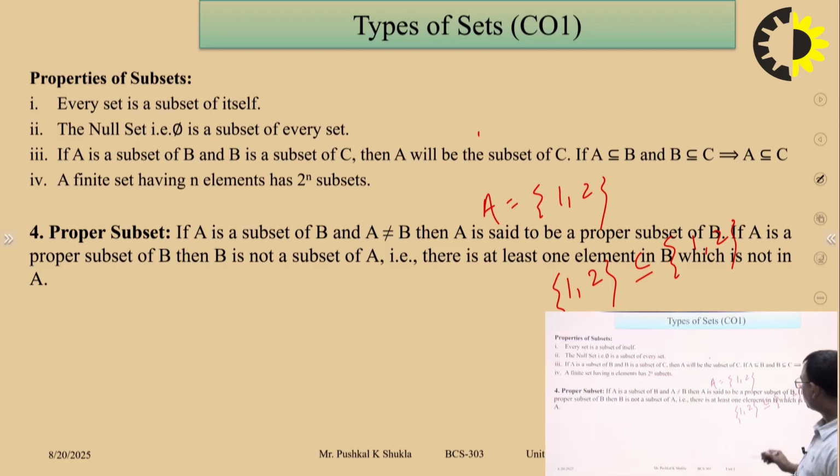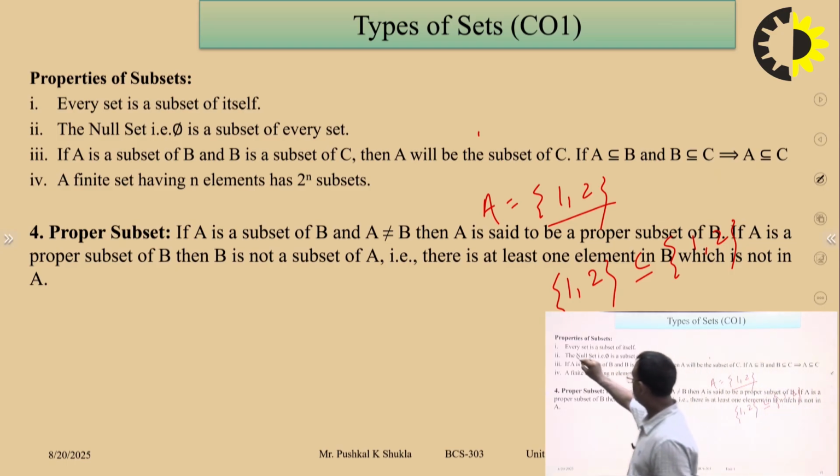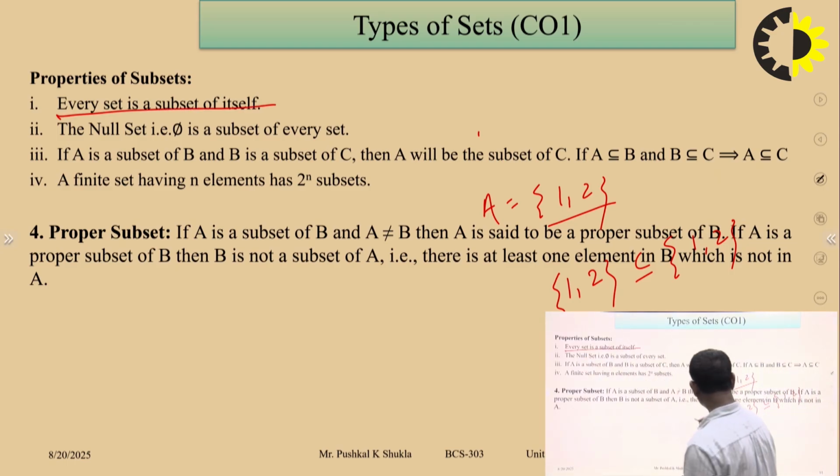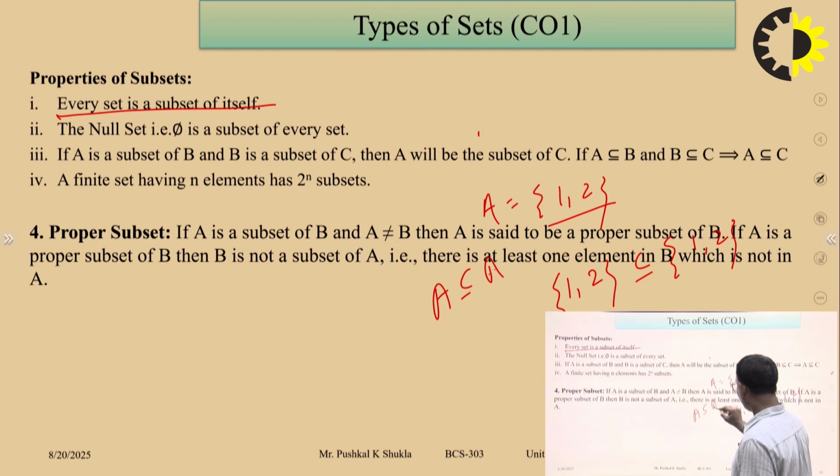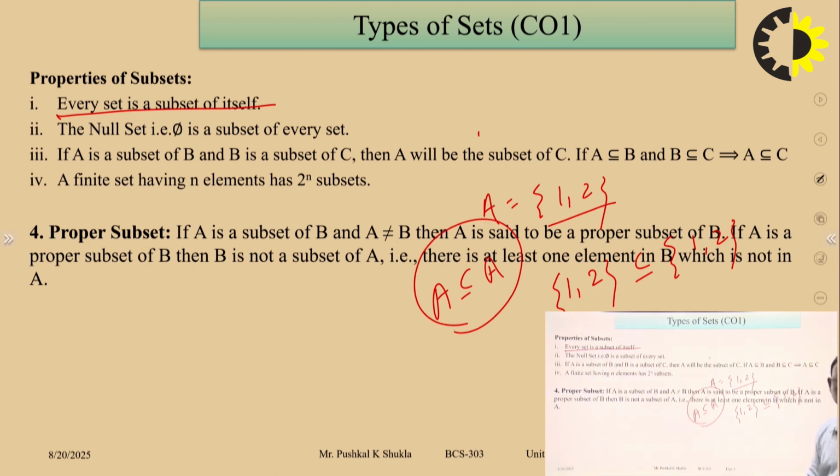Every set is a subset of itself. So we can say A is a subset of itself, and A is an improper subset of itself. If equalities are there, then we can say it is an improper subset of itself.